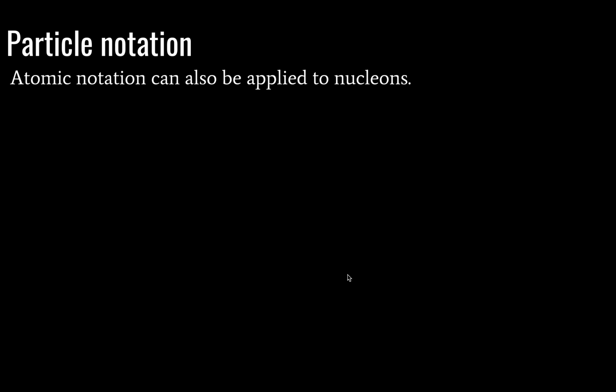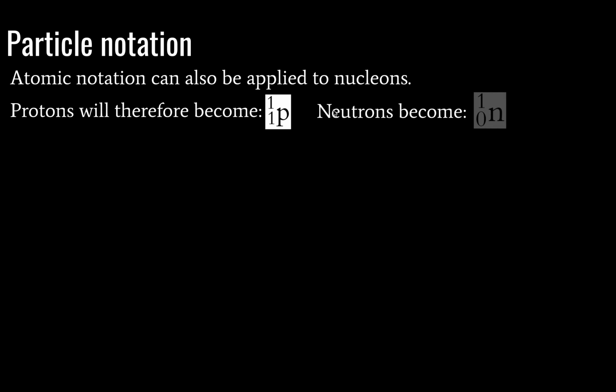We can also apply a similar notation to nucleons, where protons become a little p with a 1 here and a 1 here. So we've got our nucleon number and our mass number. Neutrons become 1 and 0.